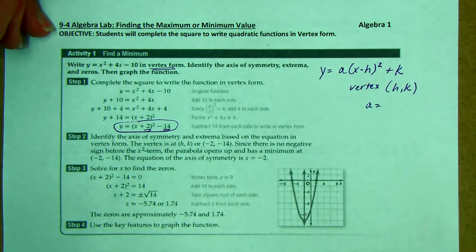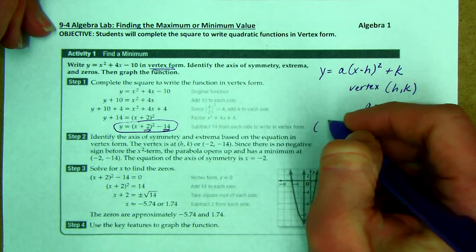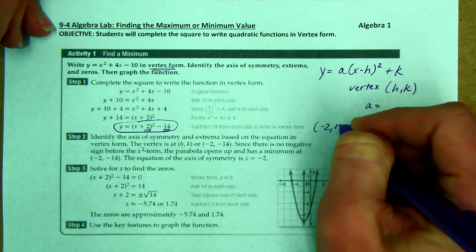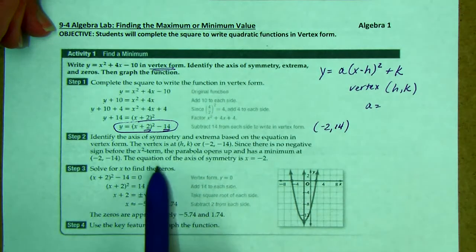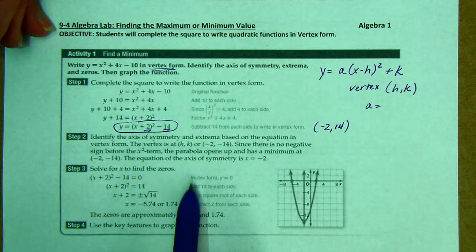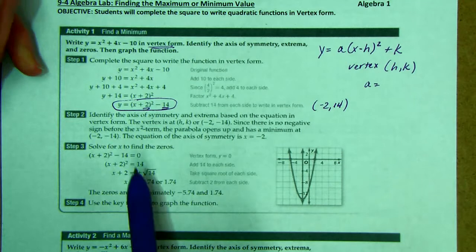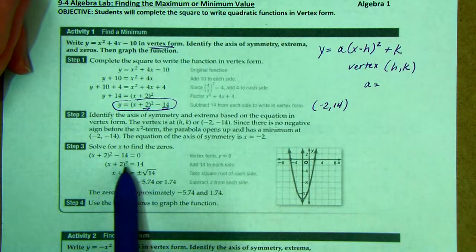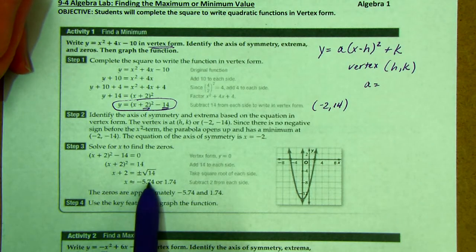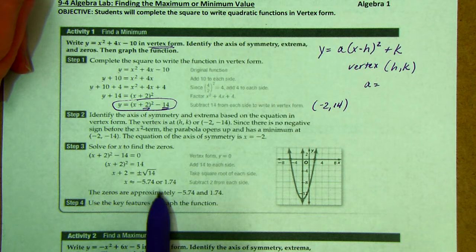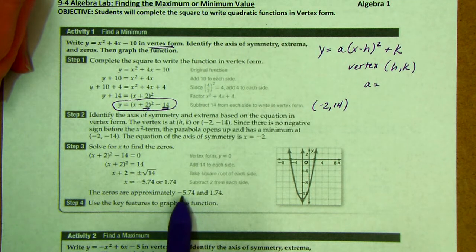And then you can solve that equation to approximate your x-intercepts, your solutions, which is what they did. They took the square root of 14, plus or minus, and then subtracted 2, and they got negative 5.74 and 1.74. And then you could sketch your graph using your vertex and your x and y intercepts.